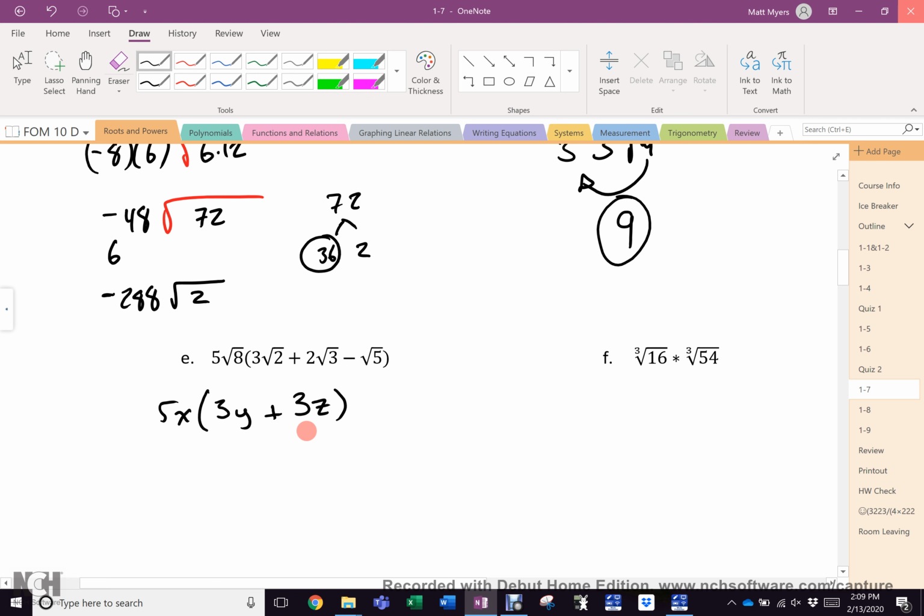What would you do here? 15xy plus what would you do here? 15xz. Can I put them together? No, because y and z are different. That's not like terms. You've all seen that in the 9th grade, right? At least that, yes? Okay, so you bring the knowledge that you already have to the party.